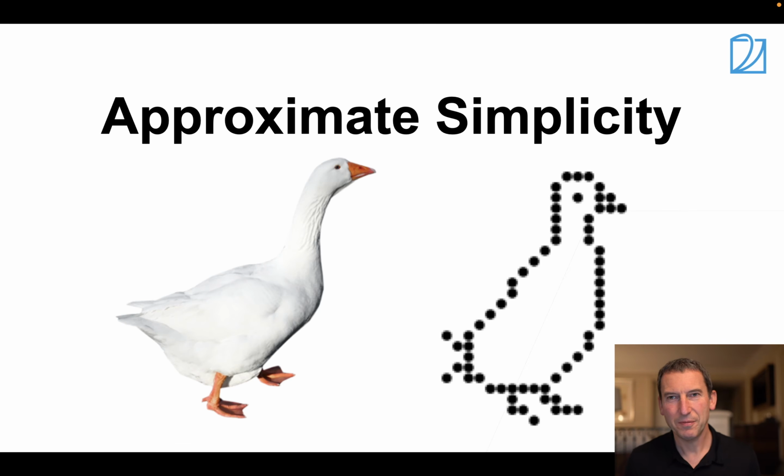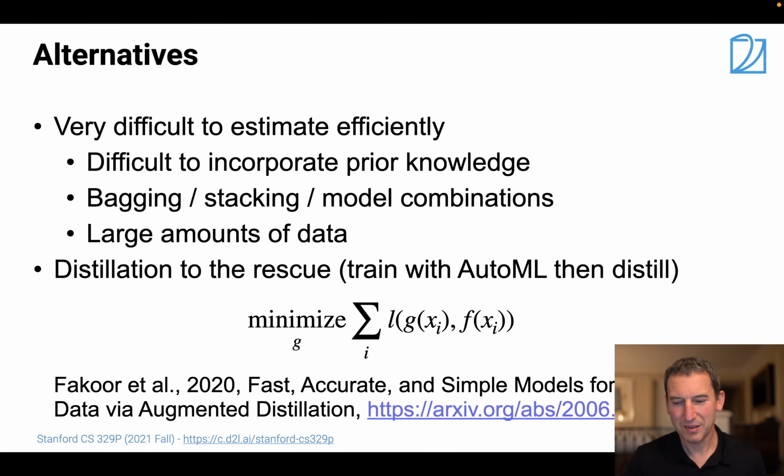Now, if we don't have such simple models, in some cases we can actually approximate them. Here's a simple alternative to finding those super simple models outright. For instance, it could be that you have a lot of prior knowledge about invariances and you can build a really good AutoML system that gives you very high accuracy.